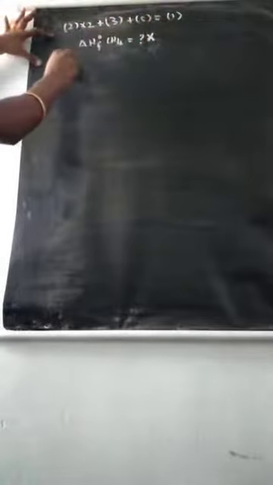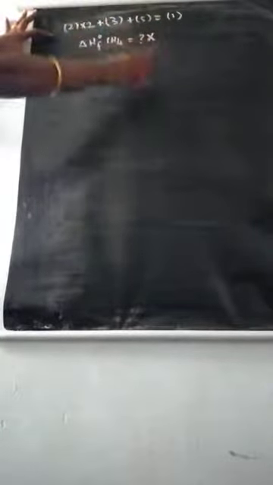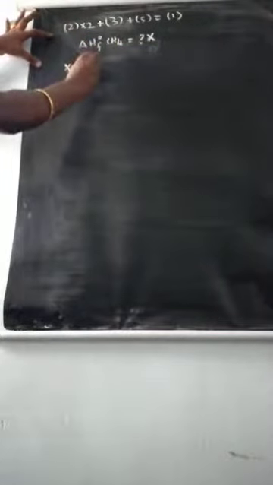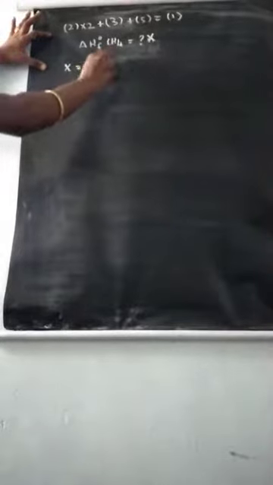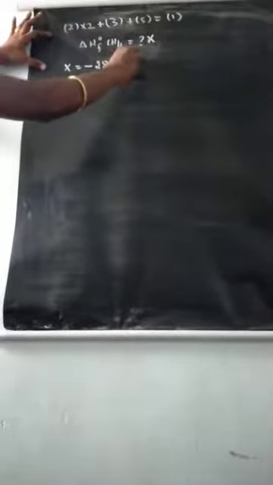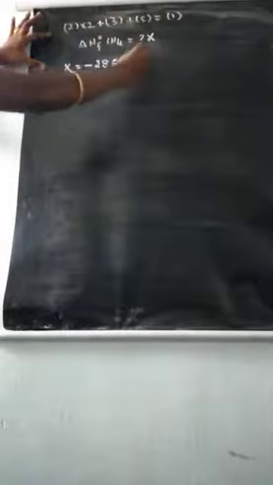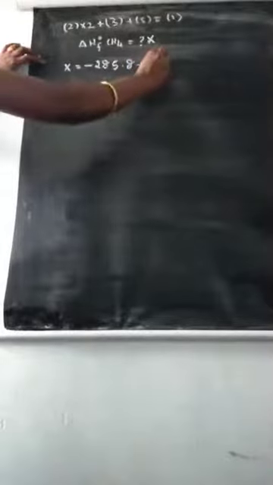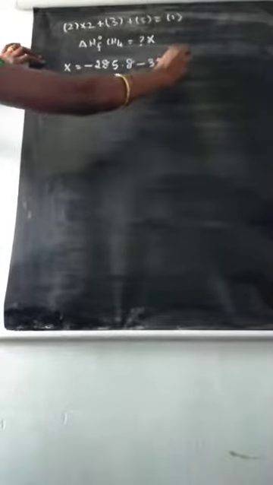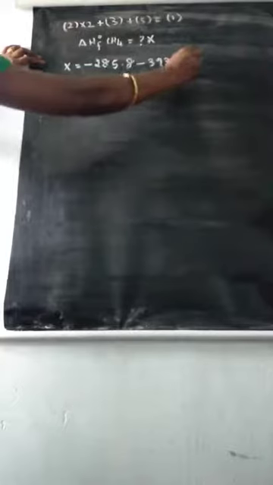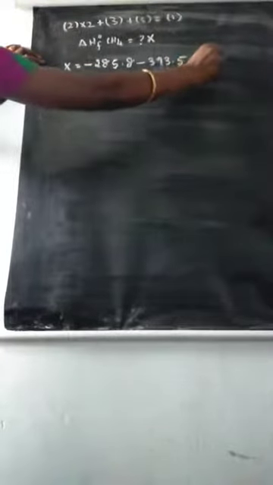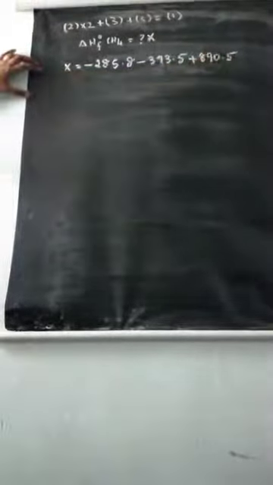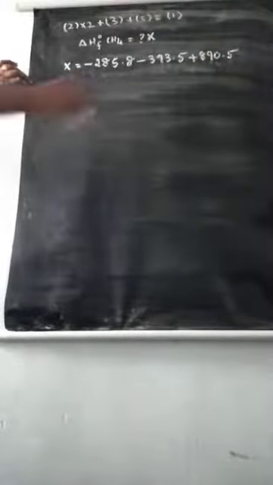Equation 1: X is equal to equation 2 answer, which we already learnt, delta H naught value minus 285.8, minus 285.8, plus equation 3 value, which will be minus 393.5, plus equation 5, 890.4.